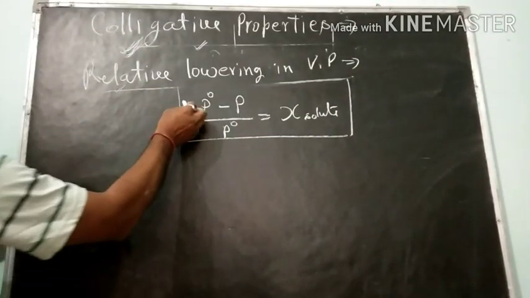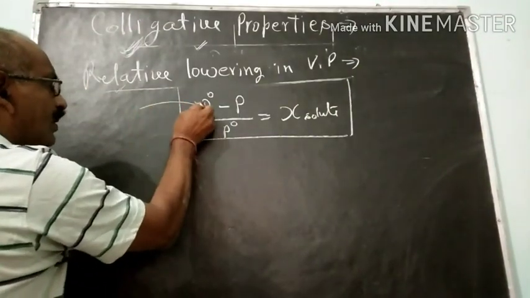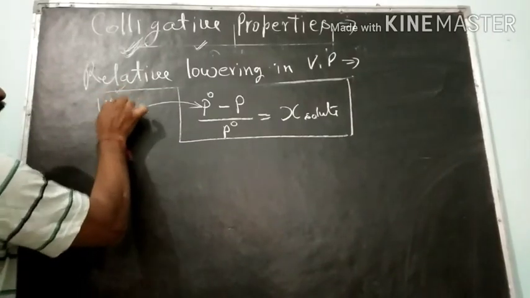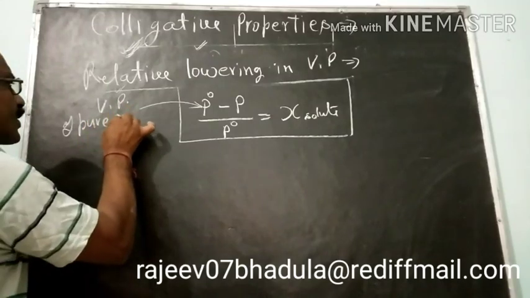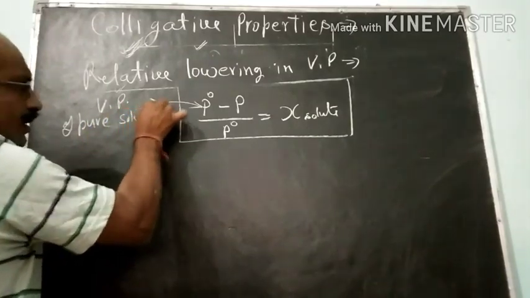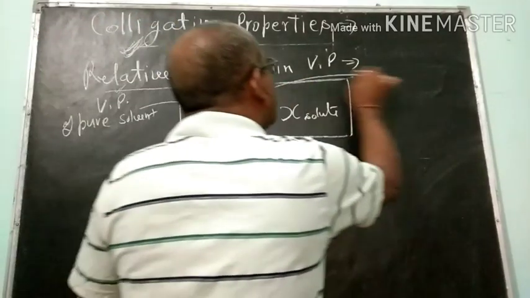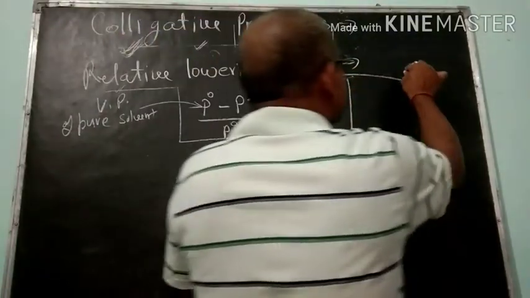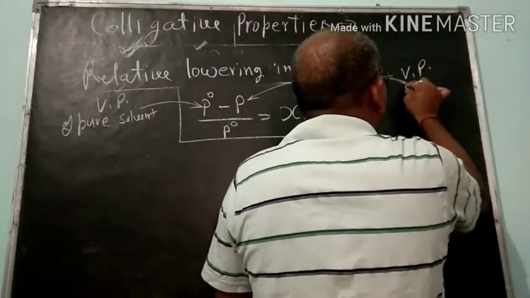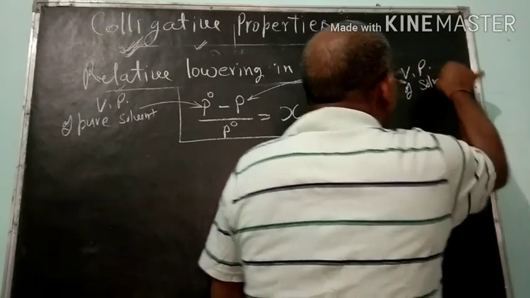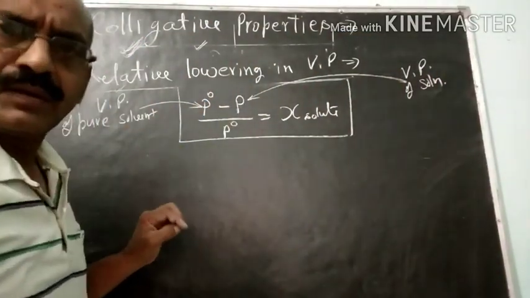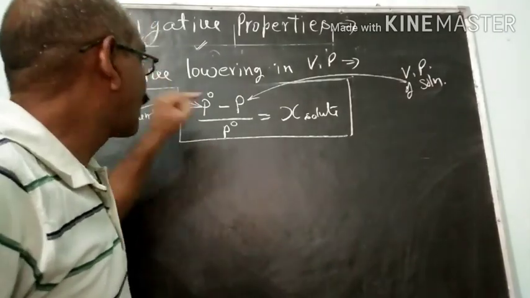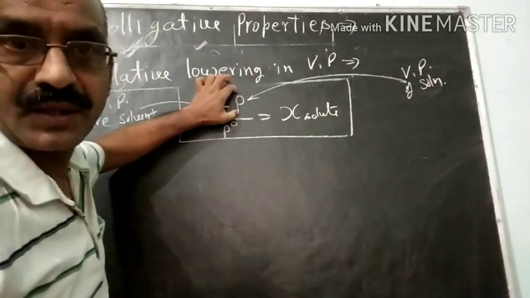Here, P naught is the vapor pressure of pure solvent, while P denotes the vapor pressure of solution, and the difference of these two denotes the lowering in vapor pressure.